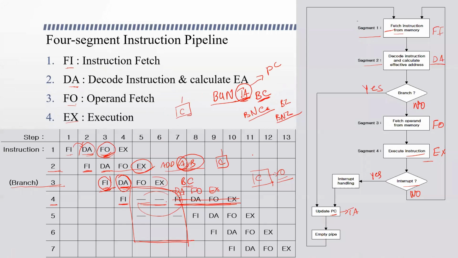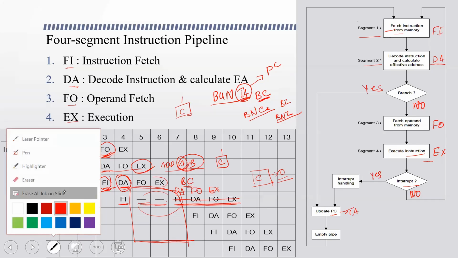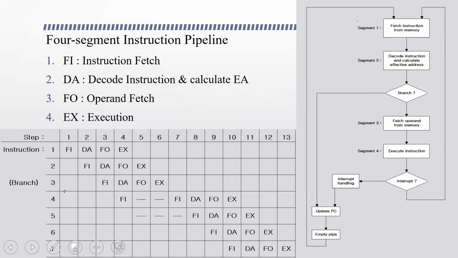So we have taken a 4-segment instruction pipeline. The first segment performs instruction fetch, and in the second segment, decoding the instruction and calculating the effective address is done. In the third segment, fetching the operand, and in the fourth segment, execution of the instruction is done.